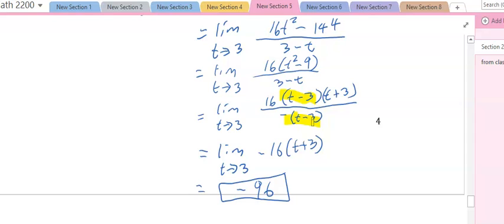Negative 16 times 6 gives you negative 96. And that is our answer. And that should be in feet per second, because we're falling in feet and the time is in seconds.